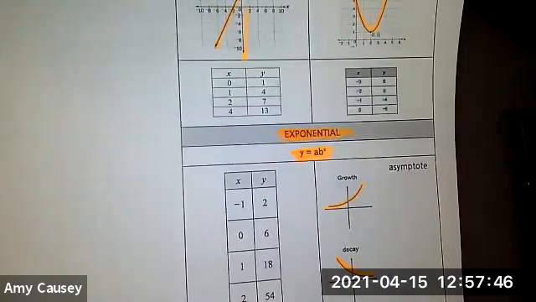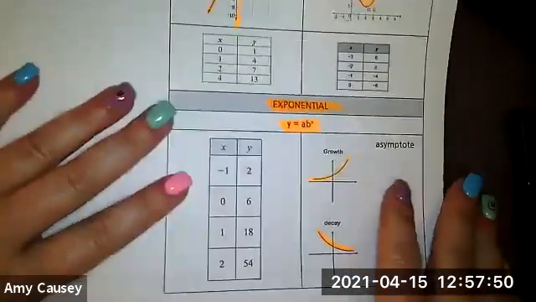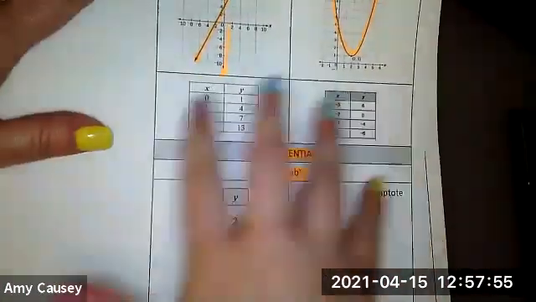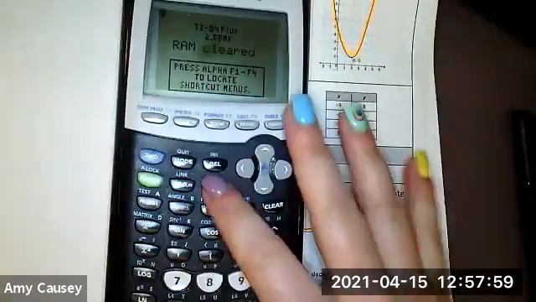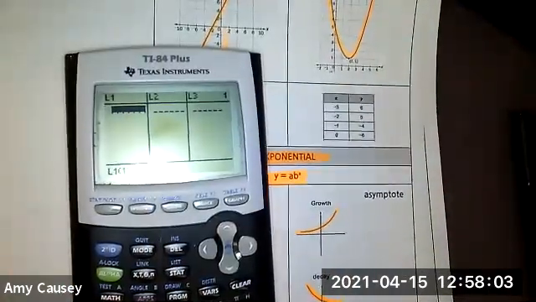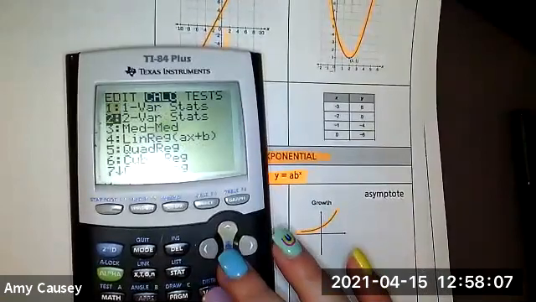But one of the things I want to review is how do you know if you're looking at linear, quadratic, or exponential when you're looking at a table? Because in your calculator, if you put your table into stat edit, you are going to be able to calculate the equation when you do stat calc, but you have to make a decision.